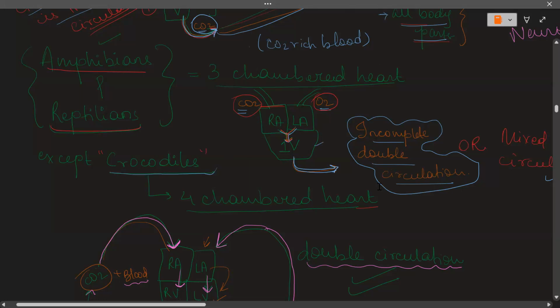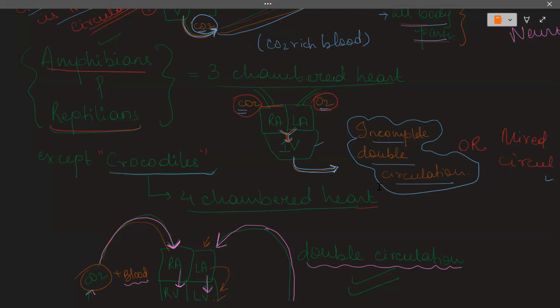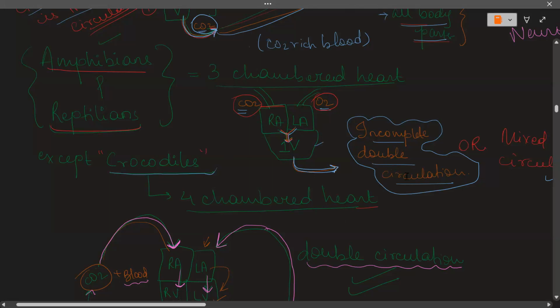Both of these blood get mixed up in the ventricle. Full stop.